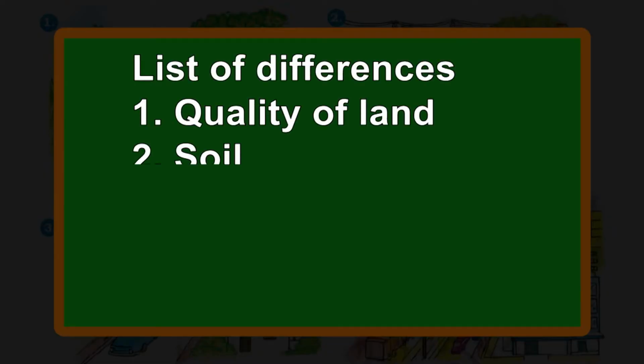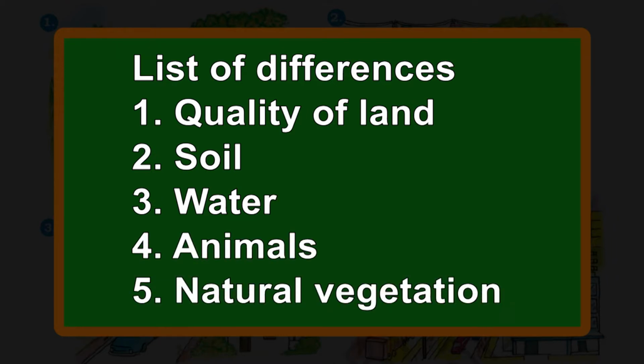These differences are mainly due to resources such as quality of land, soil, water, animals, natural vegetation, and the differences in the availability of such resources is the main reason that places differ from each other. So in today's class, let's study about the most important resource, that is land.